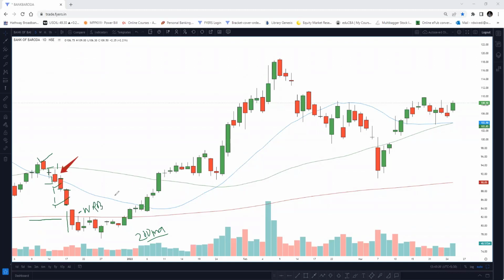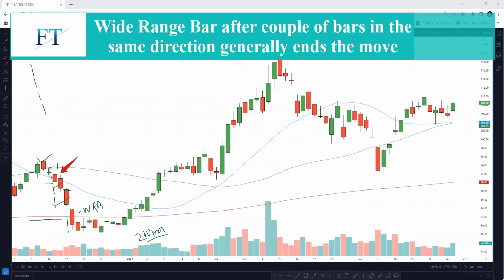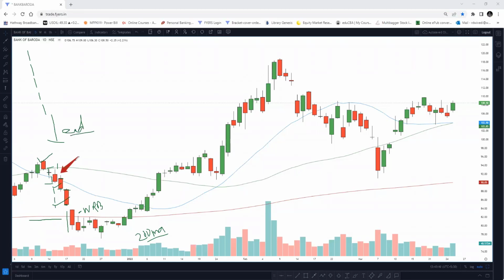Now, why is it a minus WRB? Because always remember, when you have a couple of bars in the same direction, a strong momentum in the same direction, and then you have a wide range bar, that usually ends the move. Always keep this in mind.